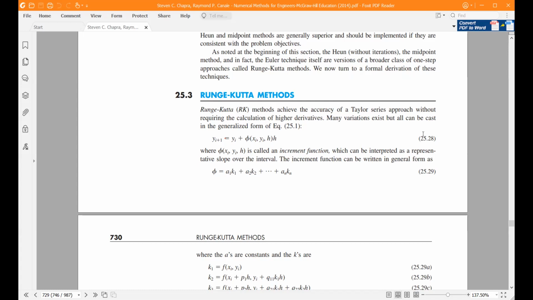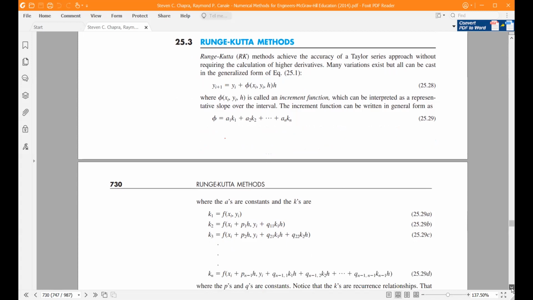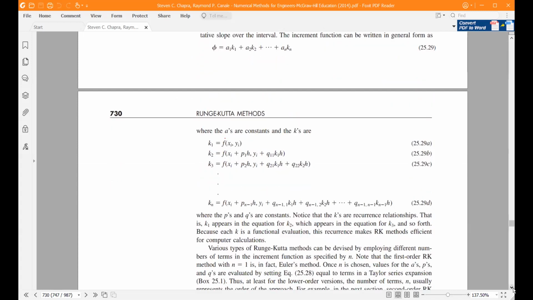In the general Runge-Kutta method, your phi can be expressed as a polynomial, something like this, where a1 and k1 are the things that we need to find. Your a's and k's are defined in the following equation. I am simply giving a look there, you can proceed with it. K1 is actually what? Is it not the slope at the very beginning of the interval?